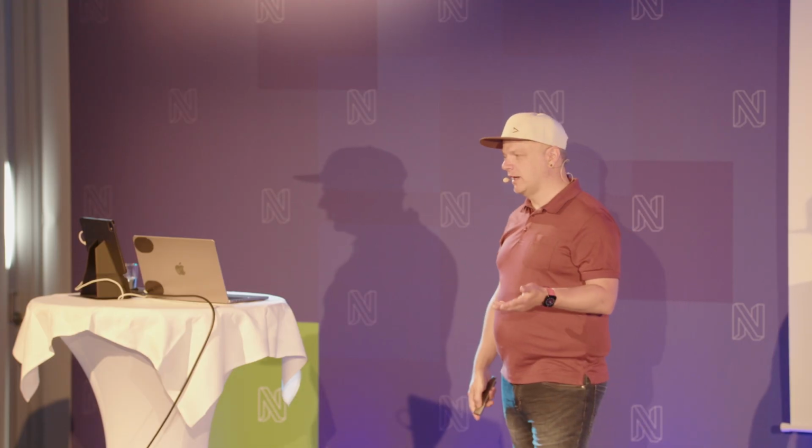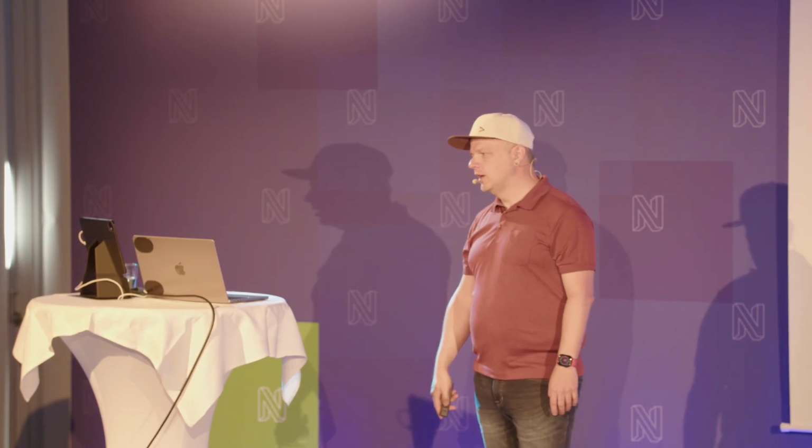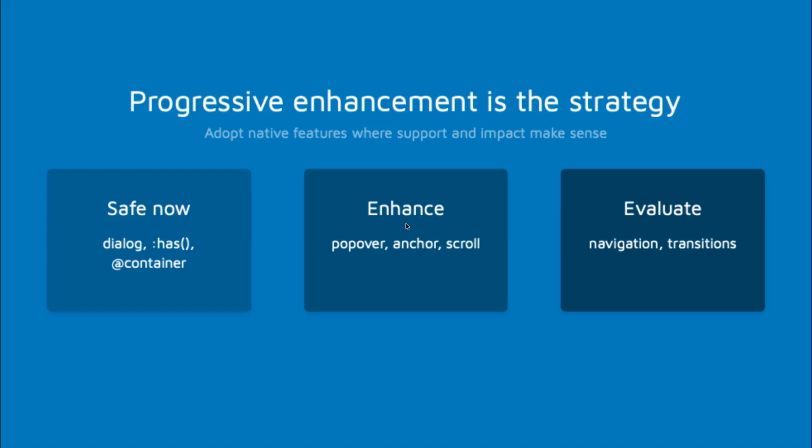It's 3 lines of code instead of importing hundreds of components which I don't know and didn't write, and it's just easier, for me at least. You can enhance your website with scroll, with anchor and popover, and start evaluating the transitions. You can use it since long, but try this navigation stuff, play with it and improve your website.